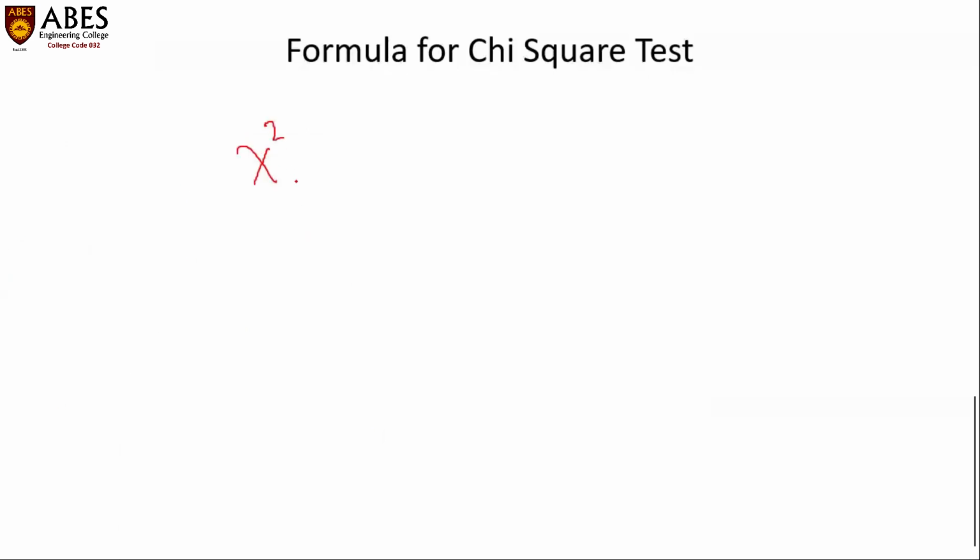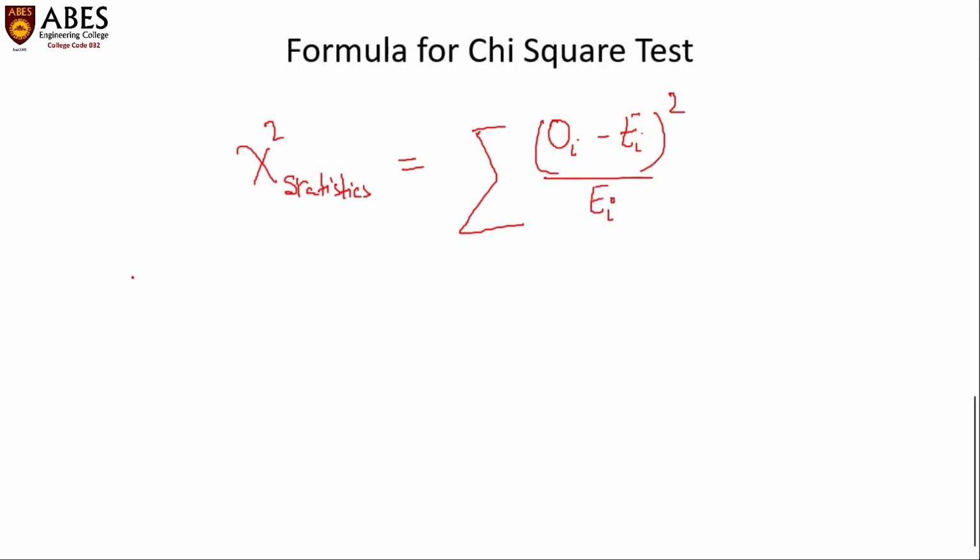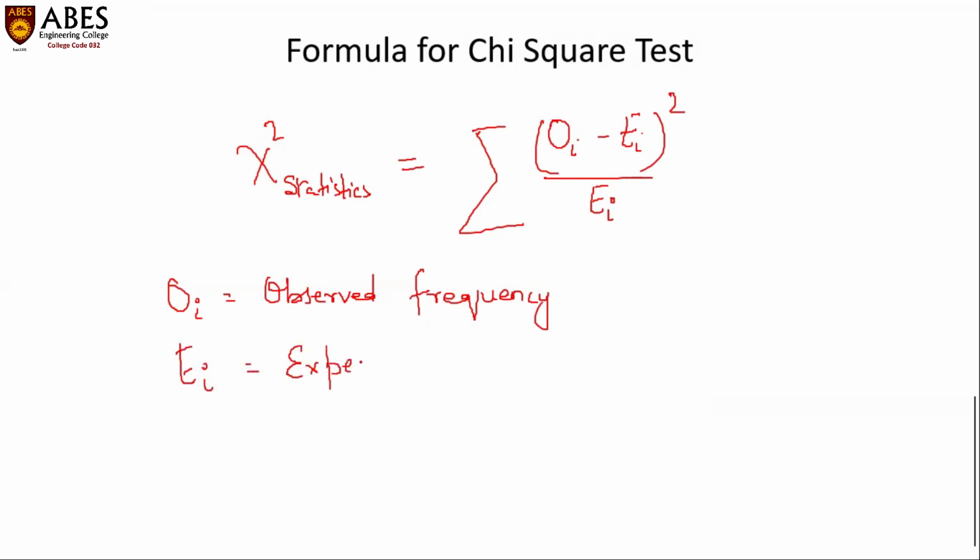Chi-square statistics is calculated by the formula summation of (Oi minus Ei) whole square upon Ei, where Oi is the observed frequency of the data in each cell, and Ei is the expected frequency of the data, which is also called theoretical frequency.